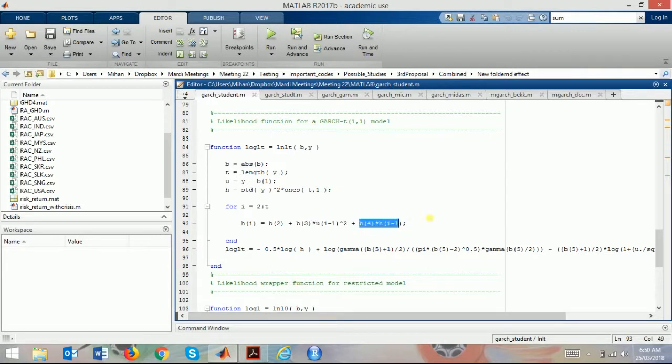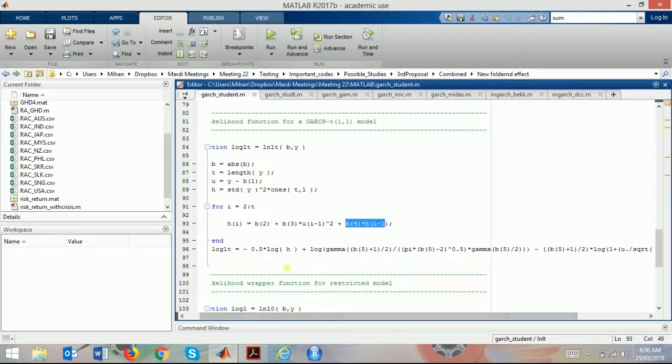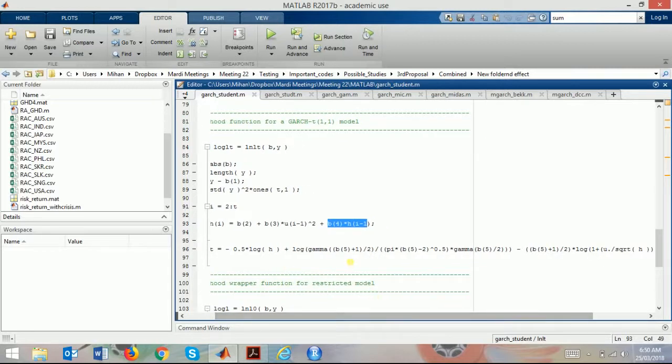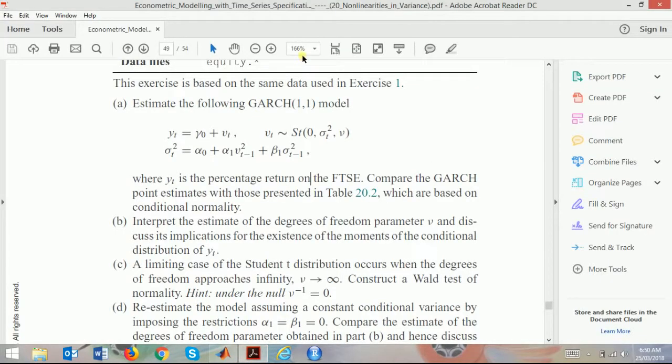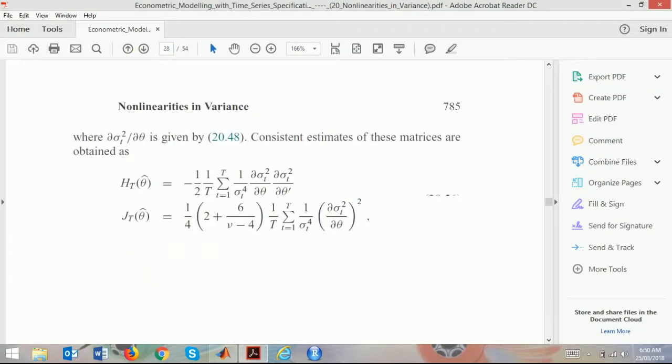And then log LT, which is the log likelihood function, which is half log sigma squared. Again, the half log sigma squared is h itself. Then log of gamma. So beta 5 is our tau. So (tau plus 1) by 2, something we can recall, or we can go back to our equation.